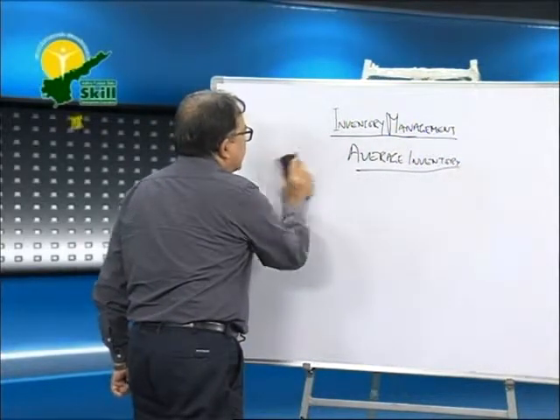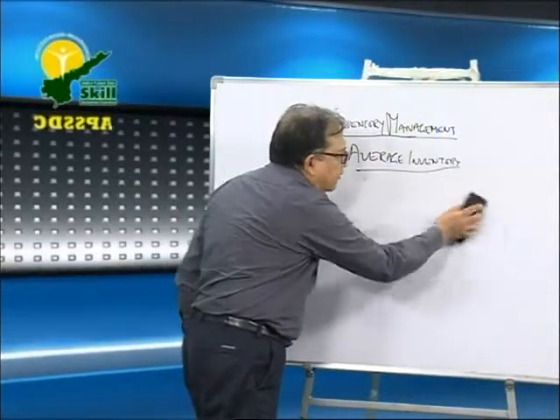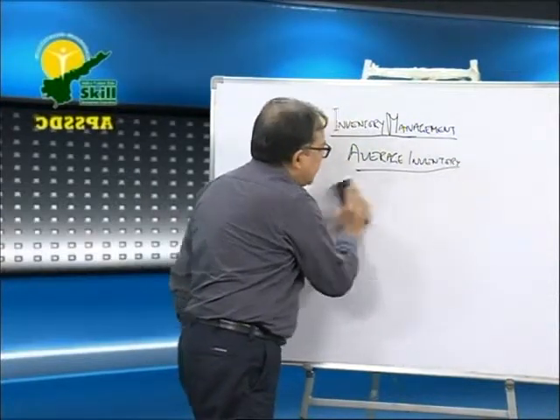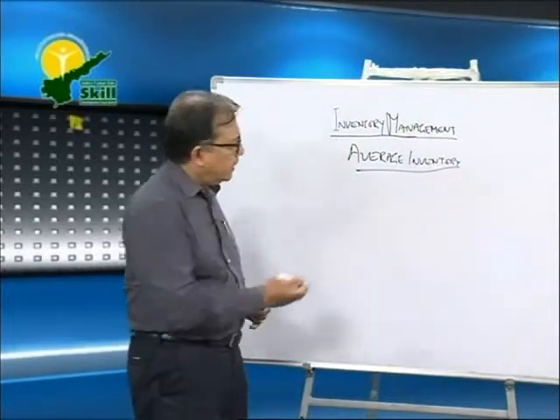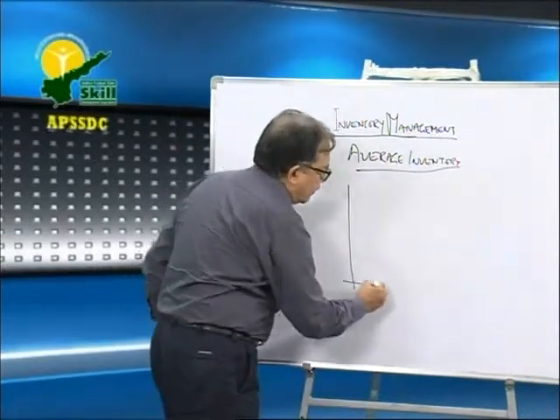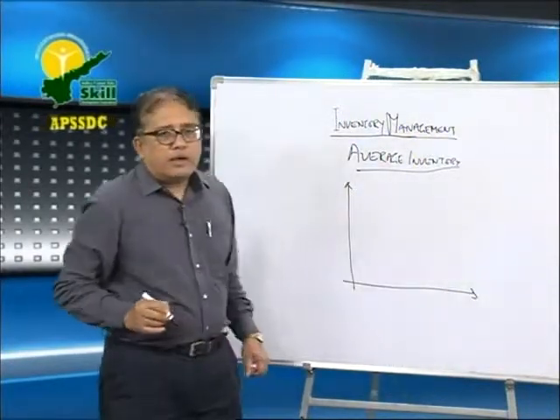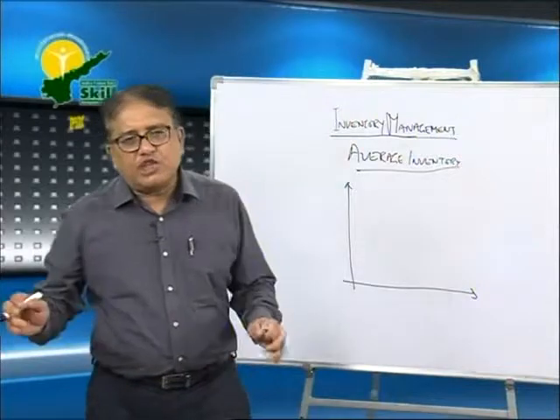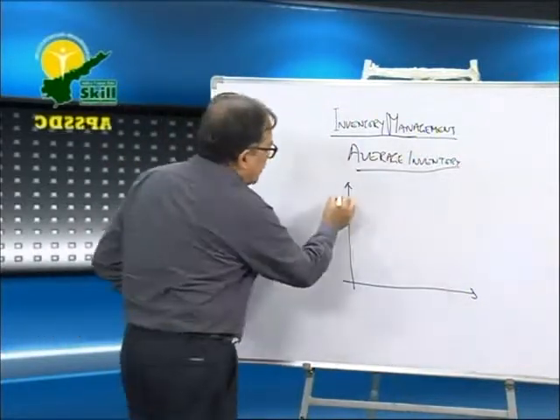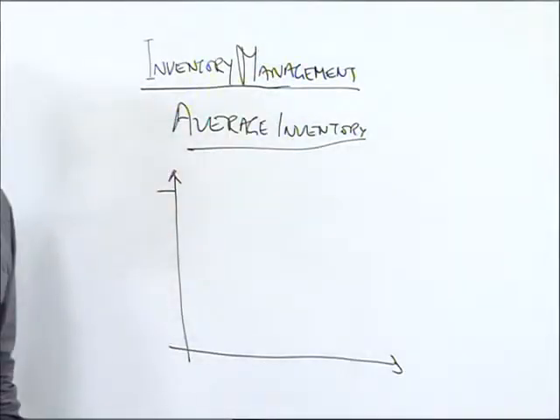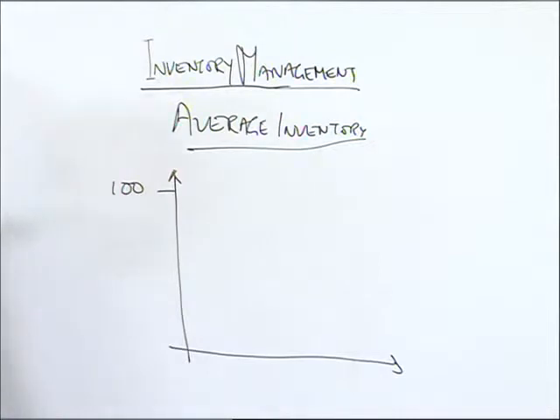Before we proceed any further, as I said, we are going to discuss a very important concept in inventory management, which is called average inventory. Now think of a situation where a company is producing pairs of jeans. So he orders, hypothetically, 100 pairs of jeans.